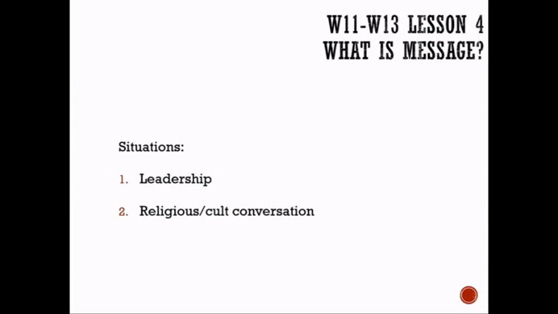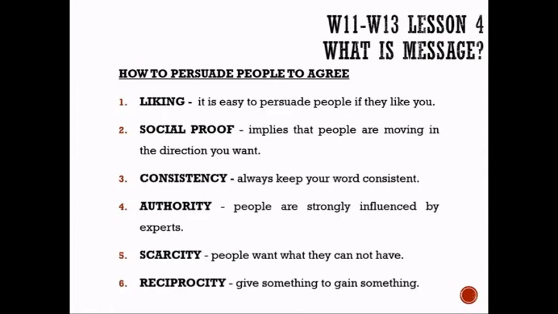So those are the 5 situations for persuasion. Alright, so how do we persuade people to agree to what we're saying? We have some strategies here. Number 1, liking. It is easy to persuade people if they like you. Not really in the romantic way that I'm talking about here, but that could be a factor.